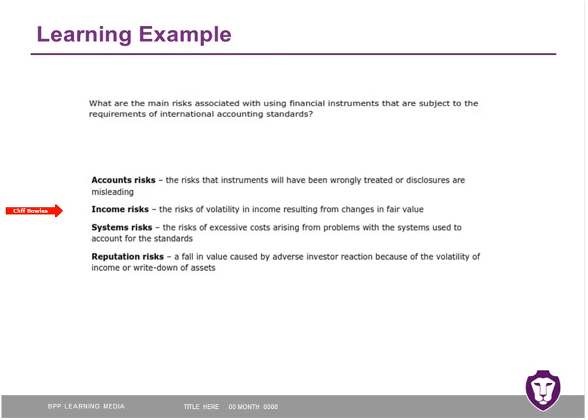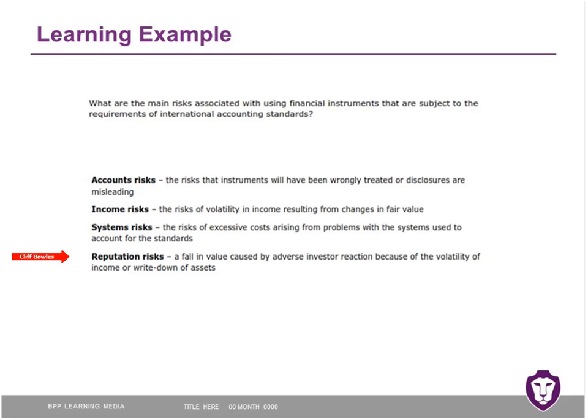There's going to be system risks, because if you're dealing with financial instruments, you've got to have a computer system or an accounting system that will allow you to manage them. And obviously you've got to think about reputation, certainly with your shareholders, if you have to write down assets because of these changes in fair value.